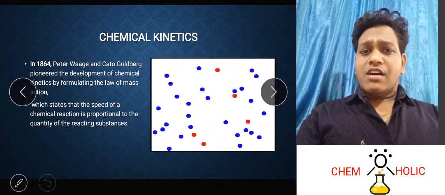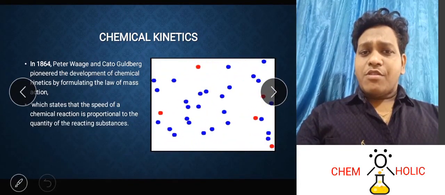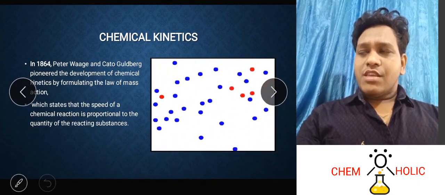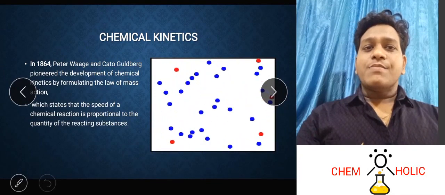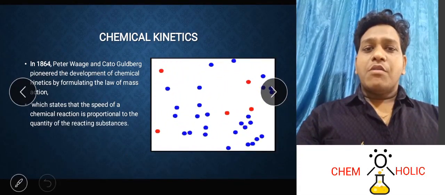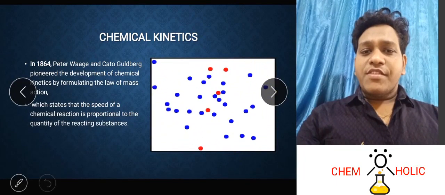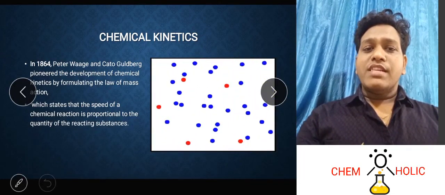It states that the speed of any chemical reaction is proportional to the quantity of reacting substances.